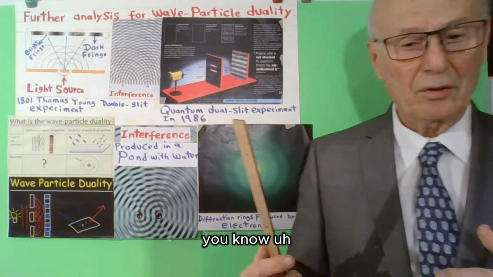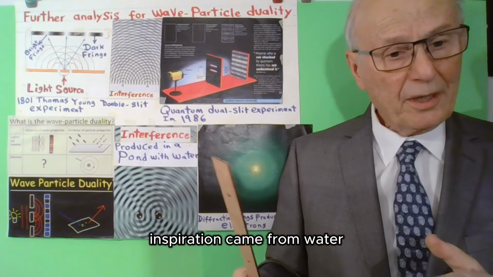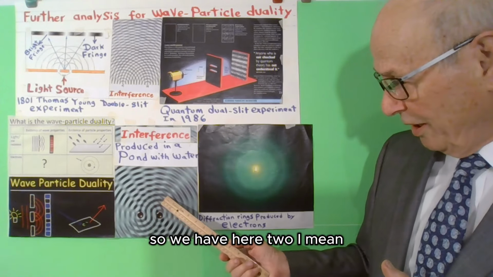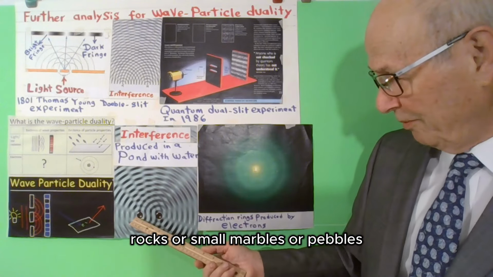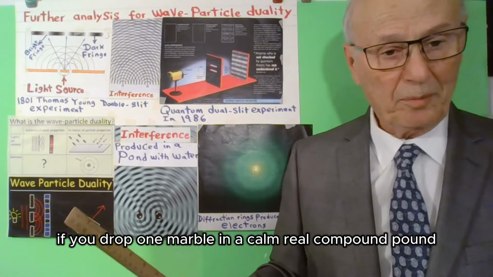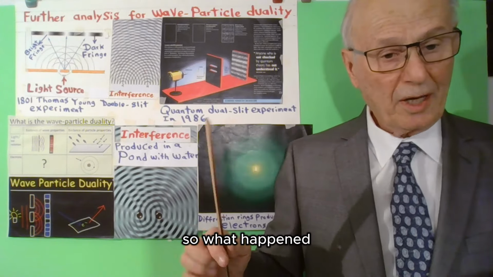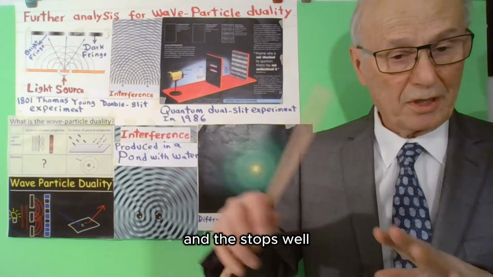But I don't know how true it is. They said that Thomas Young's inspiration came from water. And I think it's absolutely true. So we have here two rocks or small marbles or pebbles. If you drop one marble in a real pond, what happens? The waves go out in circles all the way to the shores and it stops.